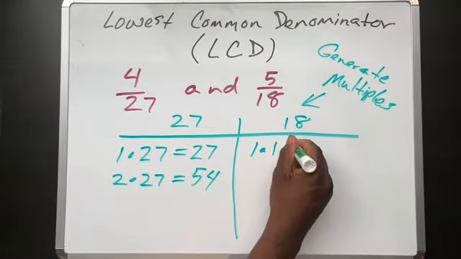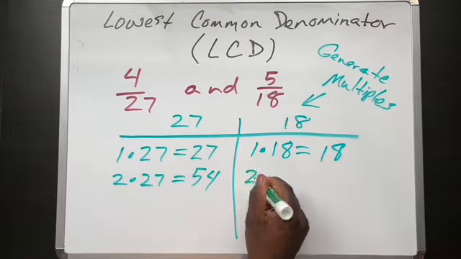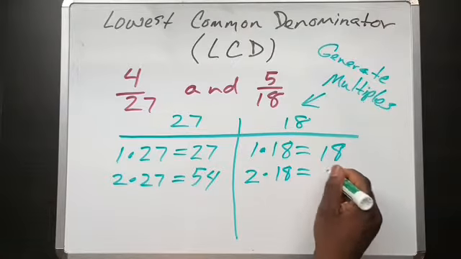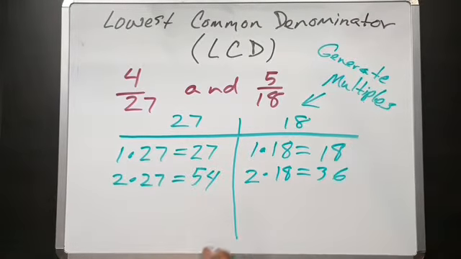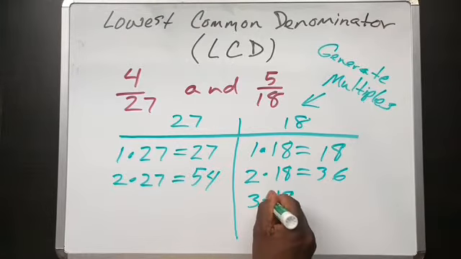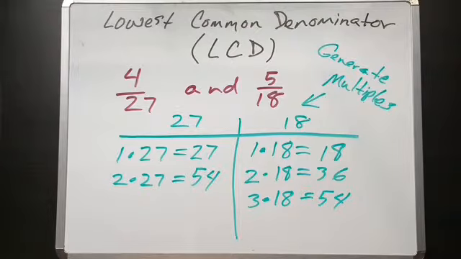1 times 18 equals 18. 2, that's a counting number, times 18 equals 36. 3 times 18 equals 54. Aha! What do we see?